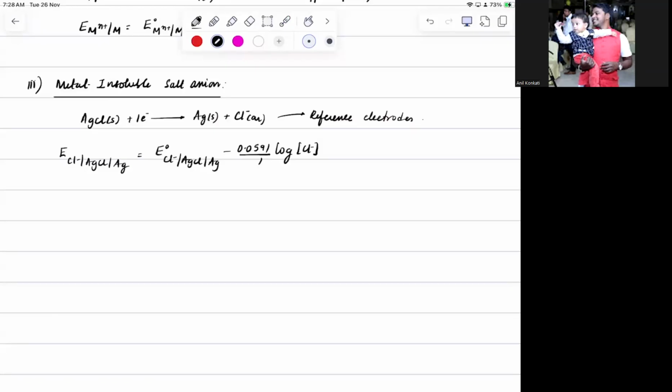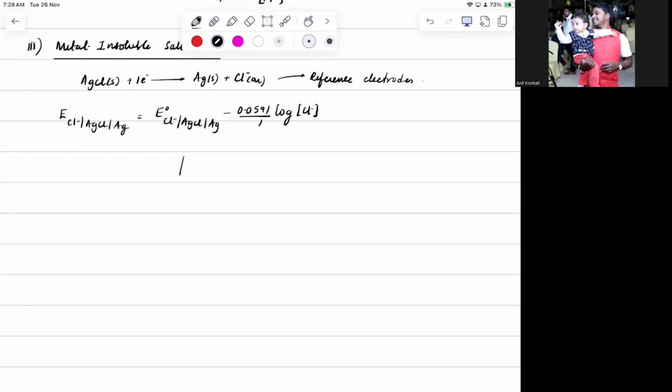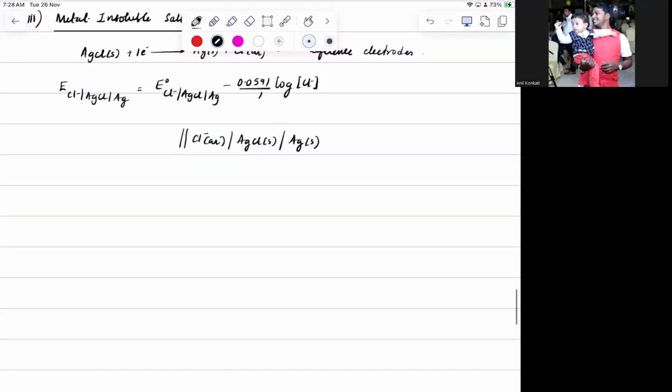Now we have lots of electrodes to be represented this way. Suppose you have to represent in a notation, double line here, then remember the ion should always be represented first, then the salt which is getting reduced, and then the metal. This is the way to represent. Keep this in mind.